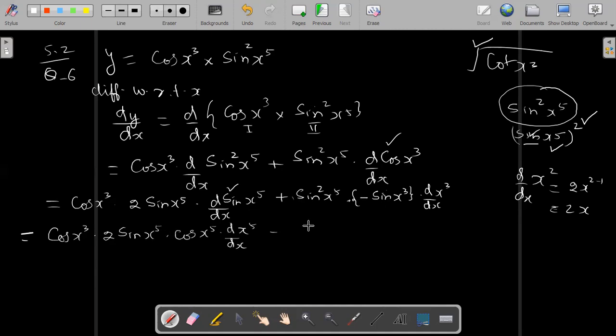This plus minus, now you can multiply and write plus minus minus, and sine square x raised to power 5 into sine x cube, and differential of x cube is 3x square, n x^(n-1), 3x square.